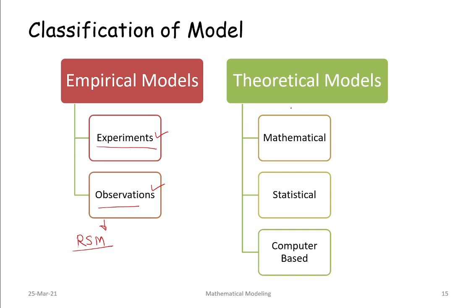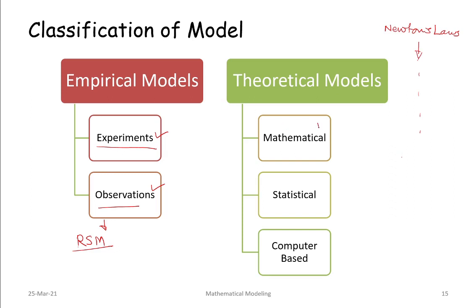Okay, then if you look into the theoretical model, it starts with a certain basic principle. It may start with Newton's laws of motion. Maybe it starts with some thermodynamics laws, maybe first, second, third, or some other laws, and likewise you are going to derive a final equation, and that is what is called theoretical.